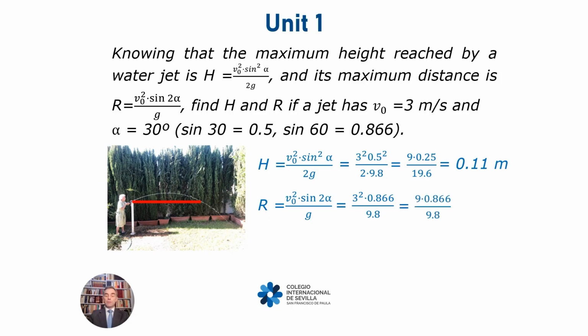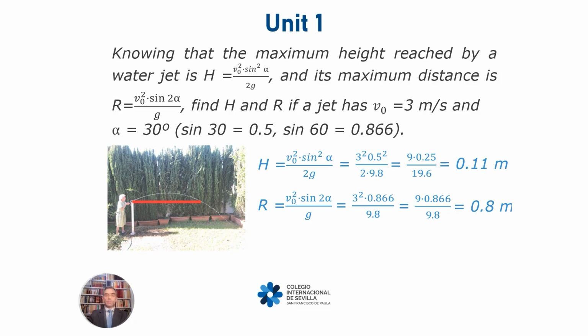When we solve that calculation, we obtain 9 times 0.866 divided by 9.8, and that equals 0.8 meters, meaning the jet reaches 0.8 meters forward, and it has a maximum height of 0.11 meters.